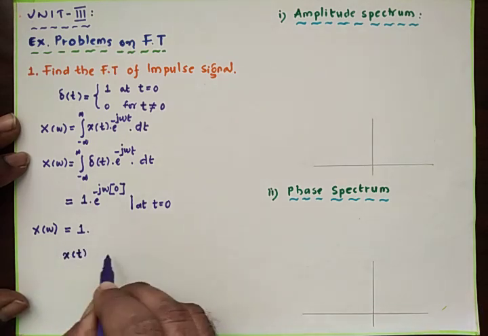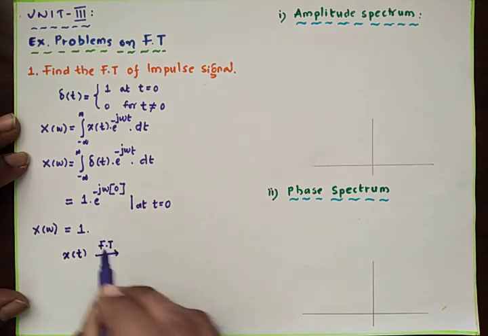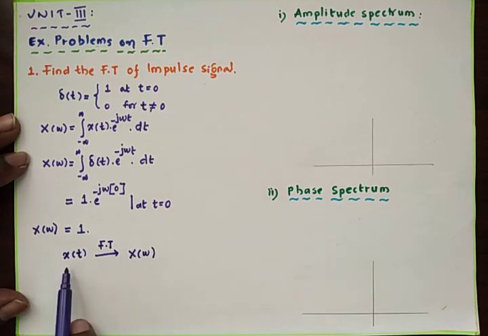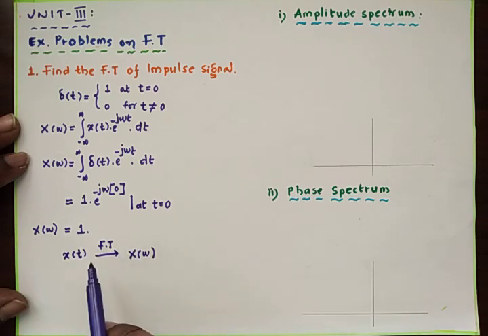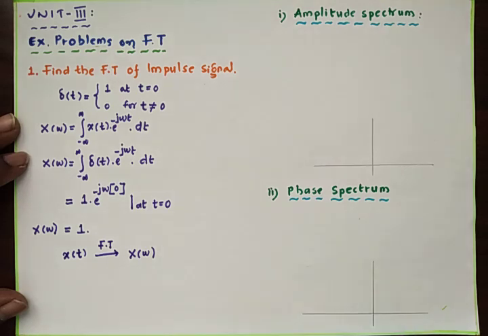From the introduction of the Fourier transform, we know that if x of t is a time domain signal on which we applied the Fourier transform, then the resultant signal will be the frequency domain signal. That means every amplitude of the signal, which was represented with time, is now represented with respect to the angular frequency, denoted with omega.